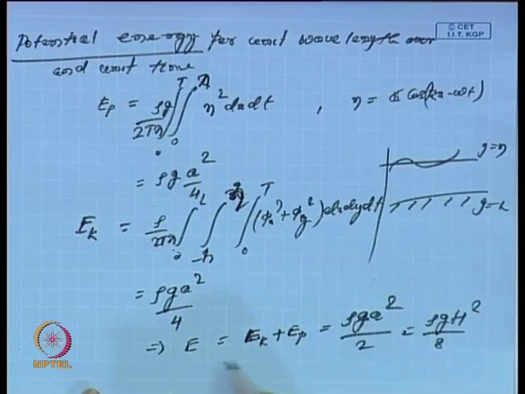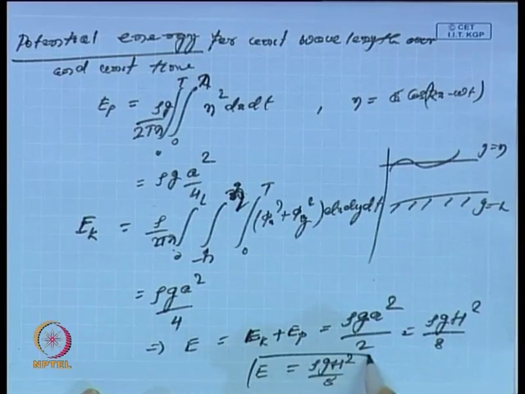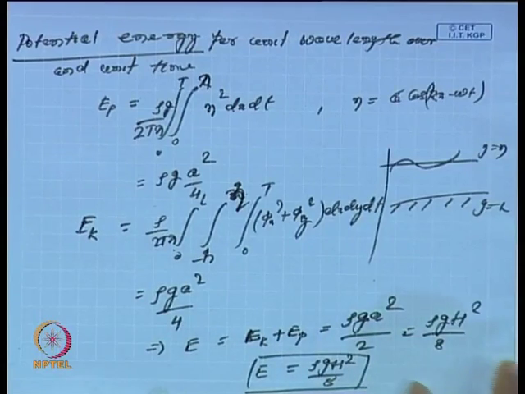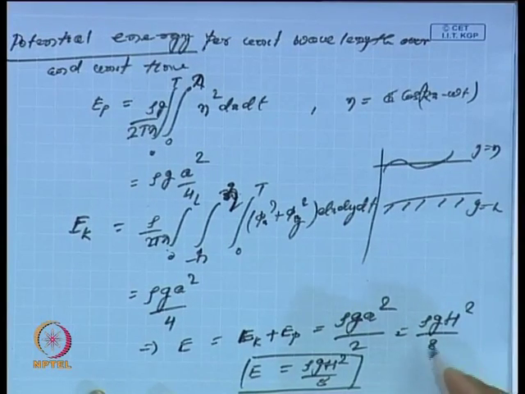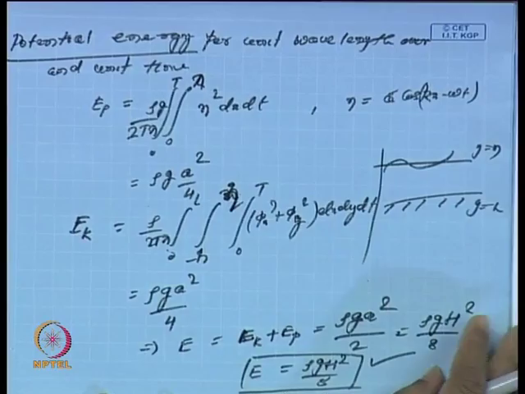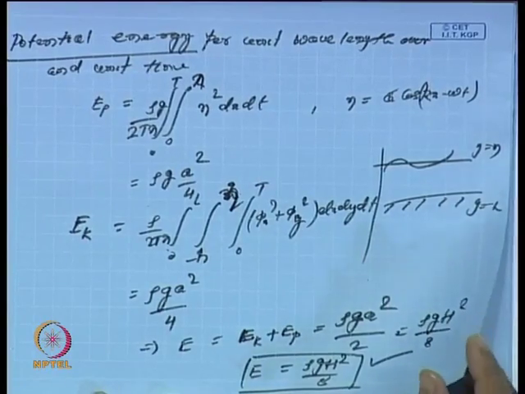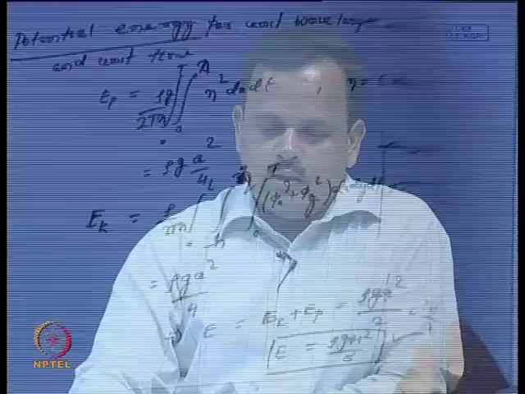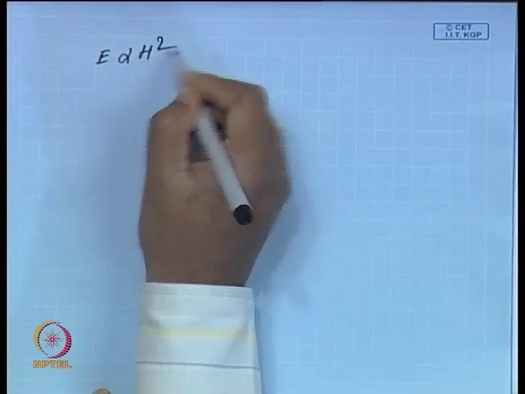That is the definition of energy: E is rho g H square by 8, which says that the wave energy E varies as H square.